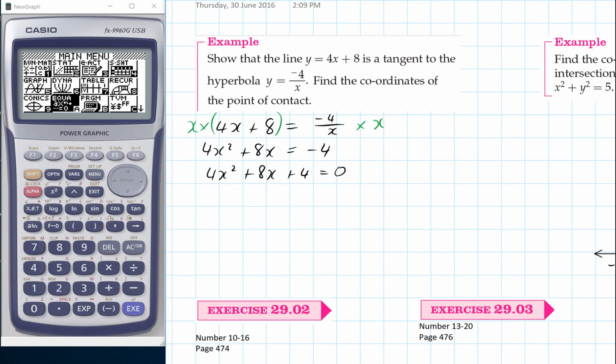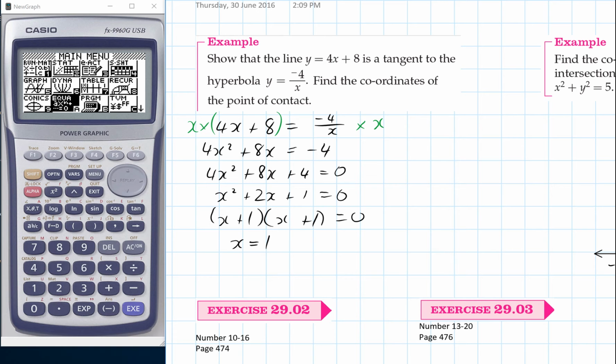We can divide both sides by 4, so we get x squared plus 2x plus 1 equals 0, and then factorize that. So I've got (x plus 1)(x plus 1). When we solve this, because we've got the same bracket repeated twice, that means there's only one answer, x equals negative 1.